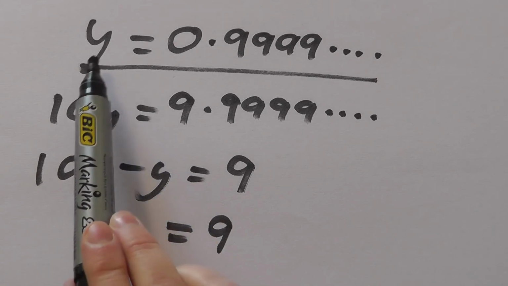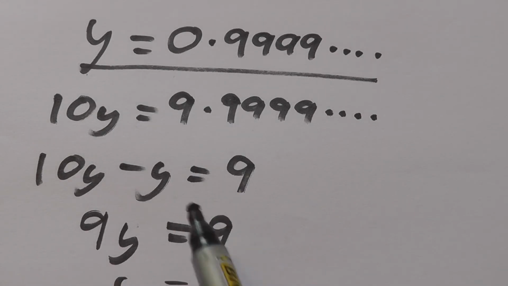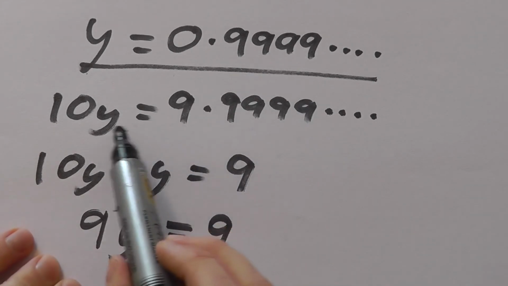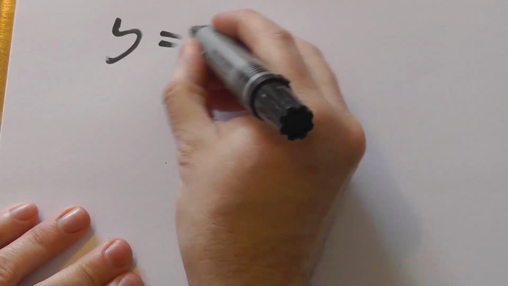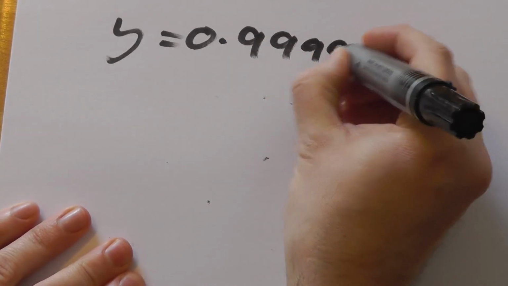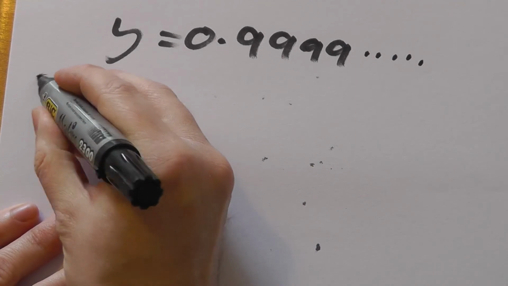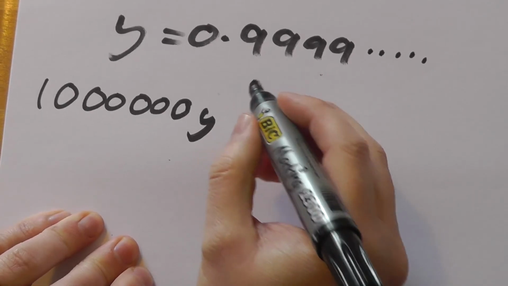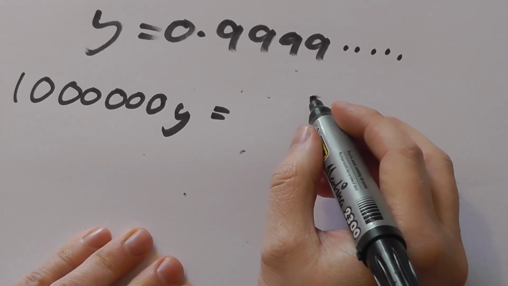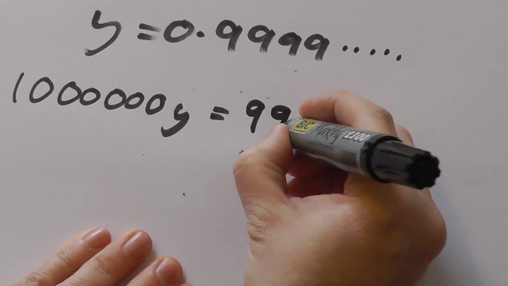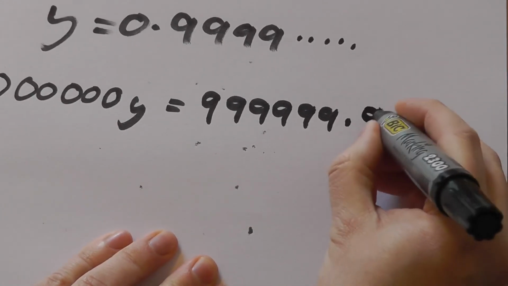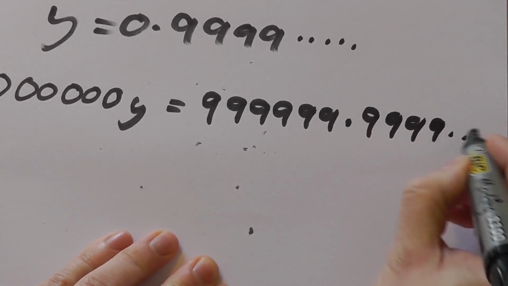By the way, you could multiply y by a million, in which case you would move the digits 6 places to the left, and you would have, let's actually write that out. So if y equals 0.9999 recurring forever, 1 million times y is, now I've got to get this right, 999999.9999 going on forever.